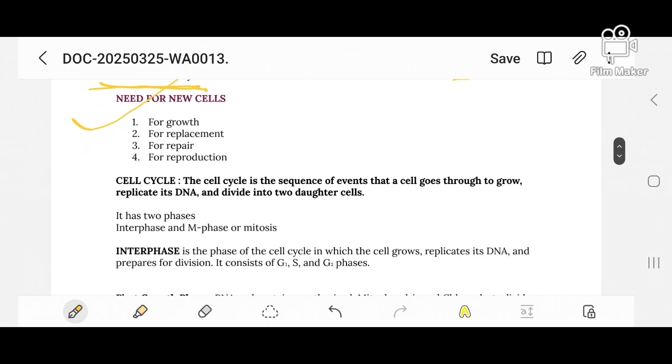Cell cycle. What is a cell cycle? Very important. Definition may come or may not come. Okay, I don't think it will, but then also you must study it.